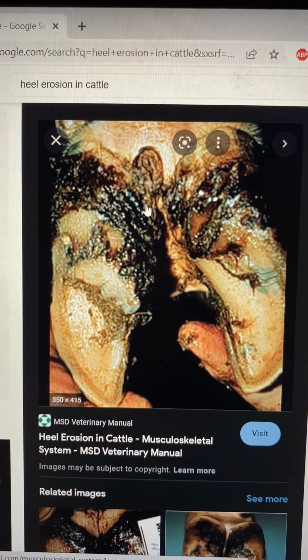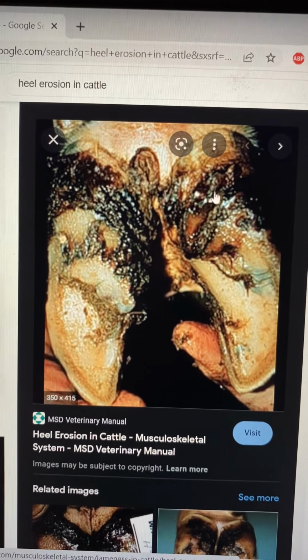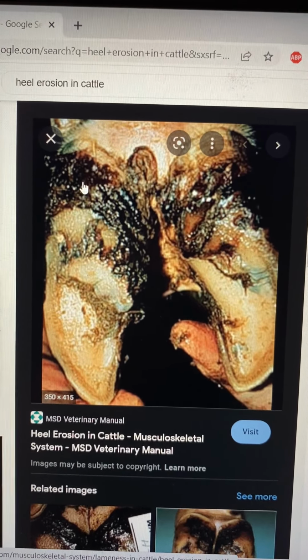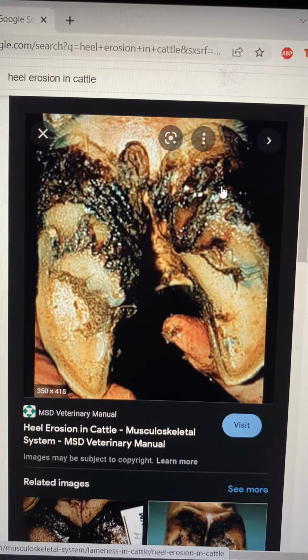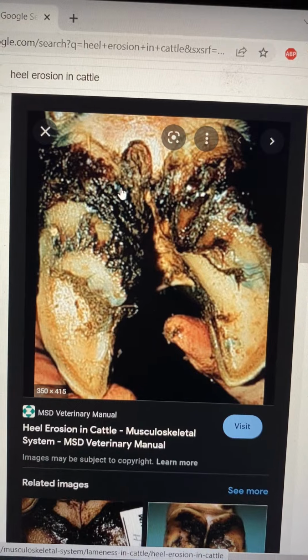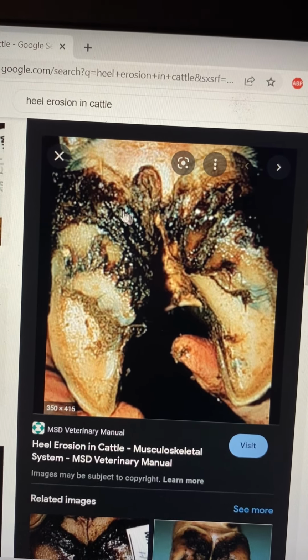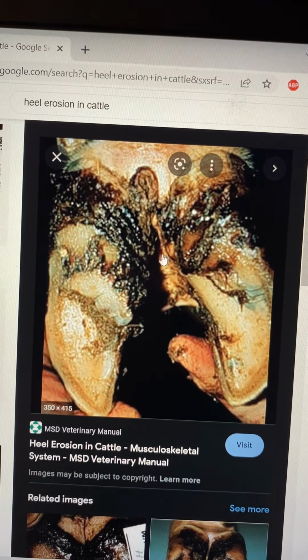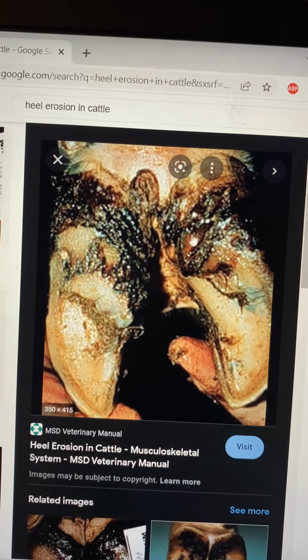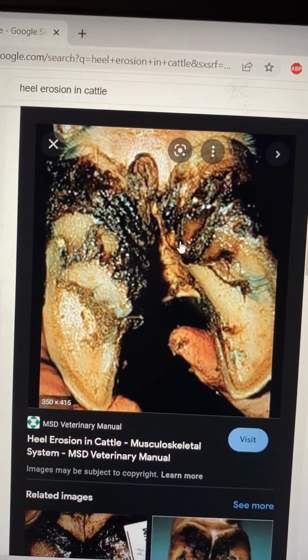The pathogenesis is, initially the heel will be intact, but it will be eroded and pitted, so it'll have little dips like the moon, and the dips will join together and darken, forming a sort of V shape and a softer heel horn where the V is, and the heel may become totally worn away with age. So basically it gets worse over time.